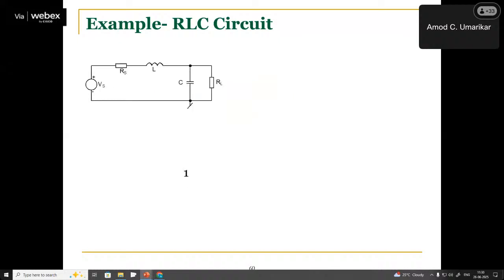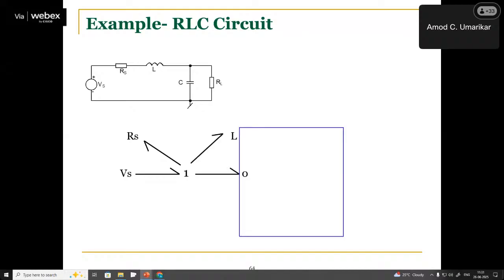So therefore, what we'll do now, take this circuit. There is a Vs, that is the voltage source. Then there is an Rs, then there is an L, and then there is a zero junction. But mark here, there is a voltage and current, the flow is the same here, while the zero junction is RL and C, correct?